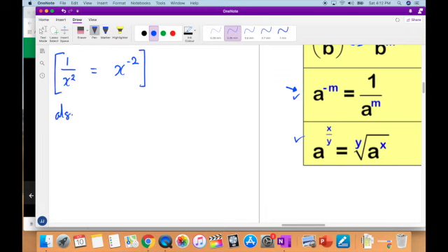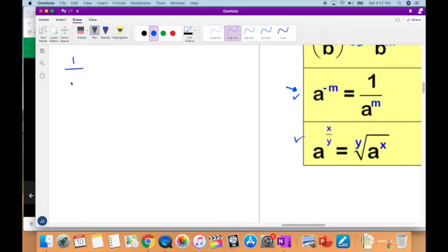Also, if you see x to the power of negative 2, you're supposed to remember that is 1 over x squared. We call the negative 2 a reciprocal, because it's flipping the entire thing.